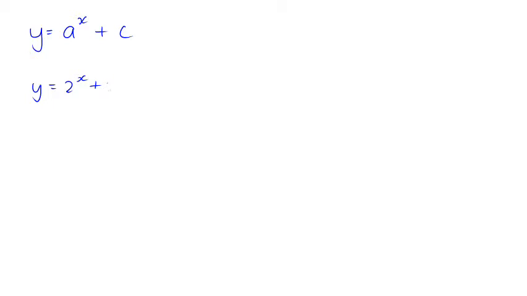Both. Yeah, it moves the asymptote up and the graph. Y equals 2 to the x plus 3. So it'll look exactly like y equals 2 to the x, but moved up 3 spaces.